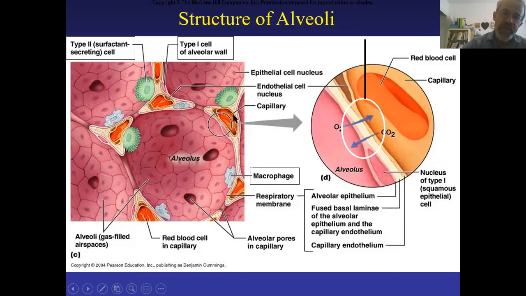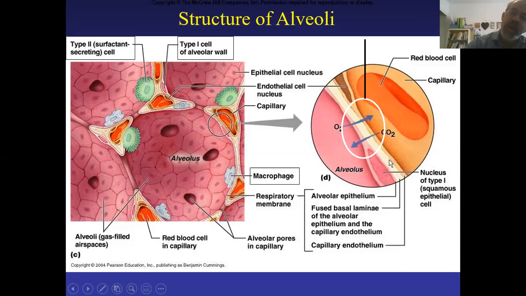This is the alveolus, so air is coming in here. Here's the capillary, which is right here. The oxygen is going to flow by diffusion into the capillary. CO2 is going to flow by diffusion from the capillary back to the alveoli and then back out. We breathe it out.